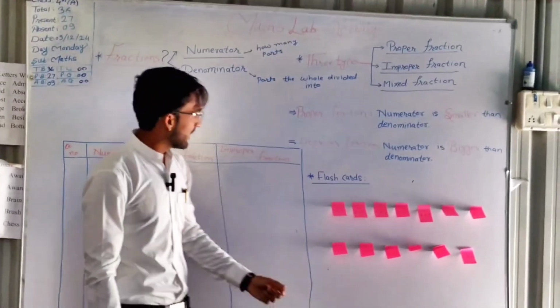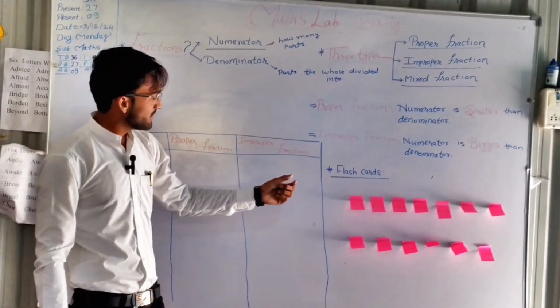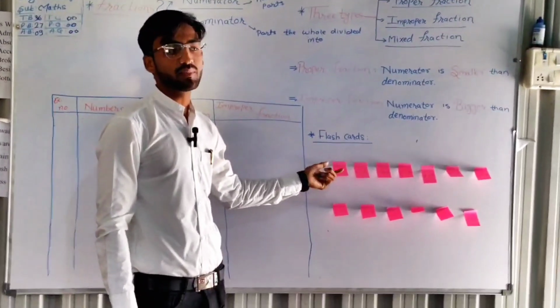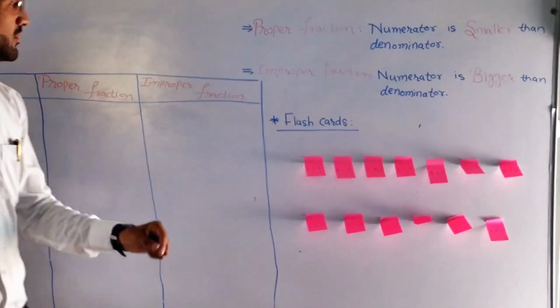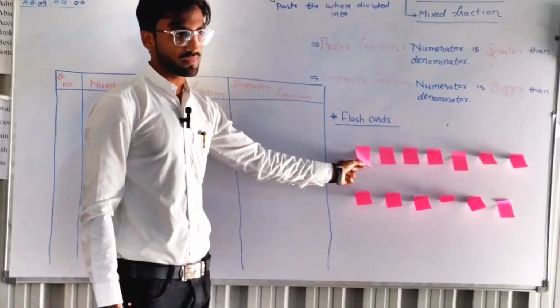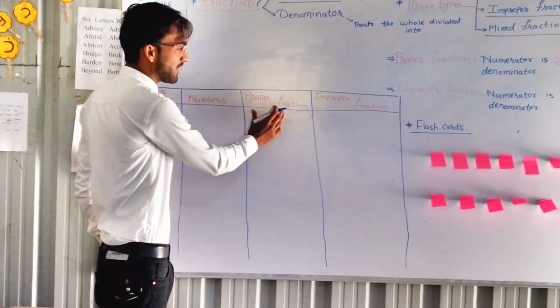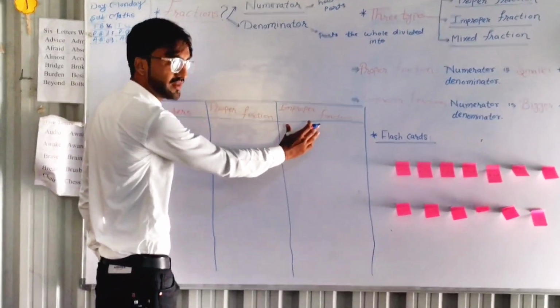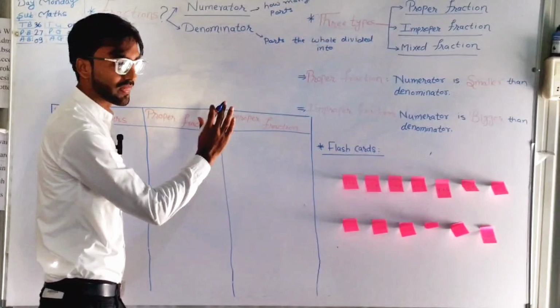Got it? Here I have some flashcards and some numbers written on them. You have to collect the flashcard and with the help of those numbers you have to make proper fractions and improper fractions. Okay?